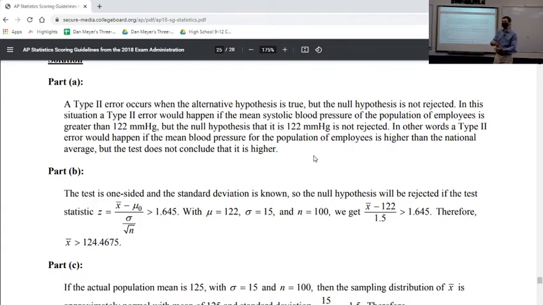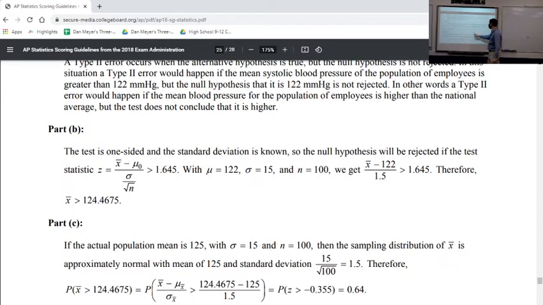In other words, a type 2 error would happen if the mean blood pressure is higher, but the test does not conclude that it is higher. Your description of type 2 should not say the null hypothesis. It shouldn't say anything about the mean equaling 122. It should all be about the alternative, not concluding that the mean is greater than 122 when it actually is.